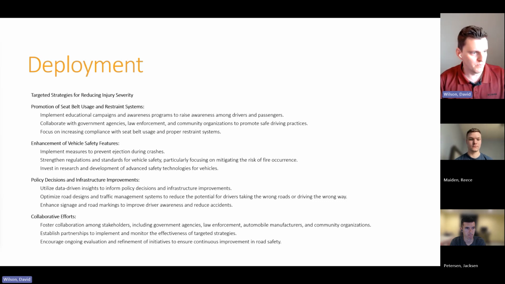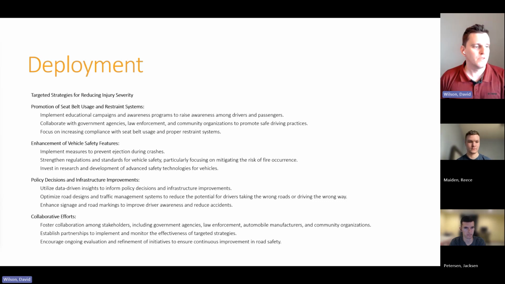With the promotion of seatbelt usage and restraint systems, we thought we would be able to make an impactful change in high severity injury occurrences by implementing educational campaigns and awareness programs for driver and passenger awareness of safety belts, proper use of restraint systems, and collaborating with government agencies, law enforcement, and community organizations to promote safe driving practices.